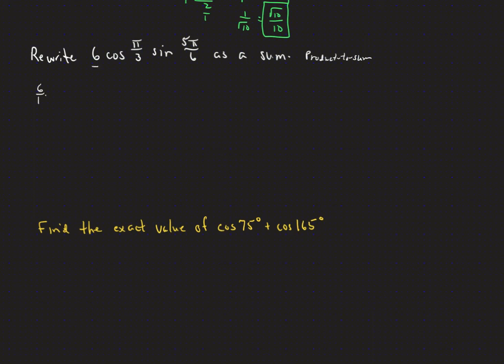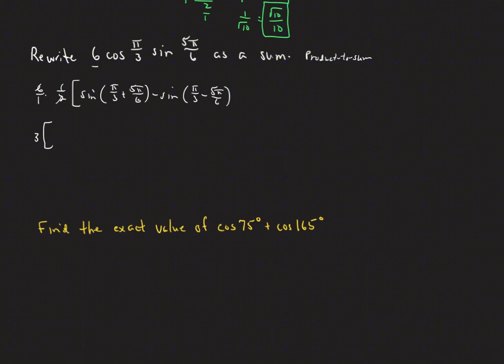Our formula says that we're going to get 1/2 times the sine of u plus v, and then minus the sine of u, pi over 3, minus v, 5 pi over 6. Okay, so these are going to cancel, so we have 3.